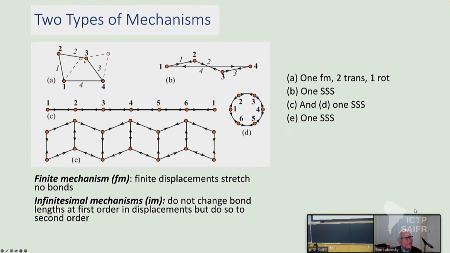It's not infinitesimal. This one, however, is infinitesimal. So what I have is a spring that connects the 2 sites 1 and 4, and then springs that connect sites 1 to 2, 2 to 3, and 3 to 4. And what we're talking about now is what happens if I try to move this upward. Well, the force that this feels when I move it upward is proportional to the square of the displacement rather than linear in the displacement.